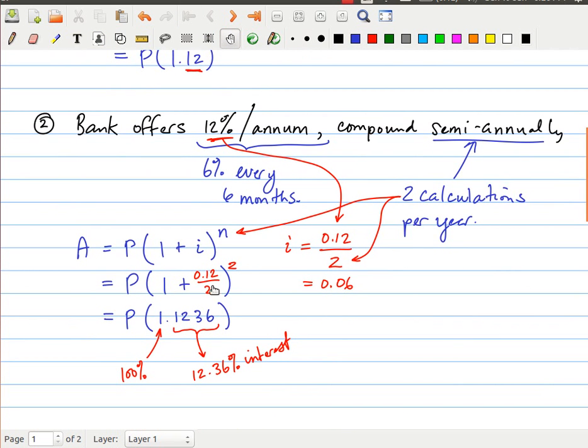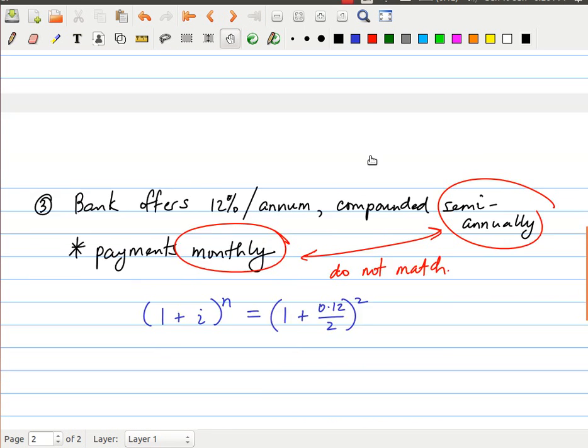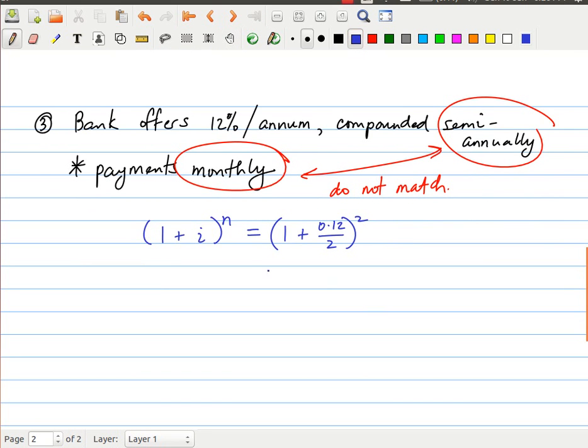Right here, we ended up with 0.12 divided by 2 all to the power 2. And so we're going to end up with the same result we had before, which is 1.1236. So basically, this is the rate of interest required by the bank.